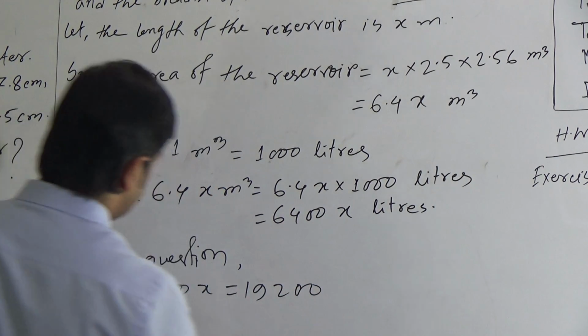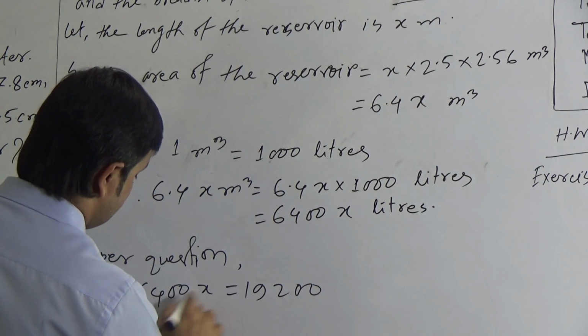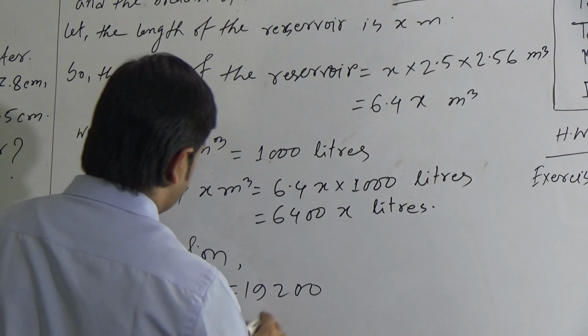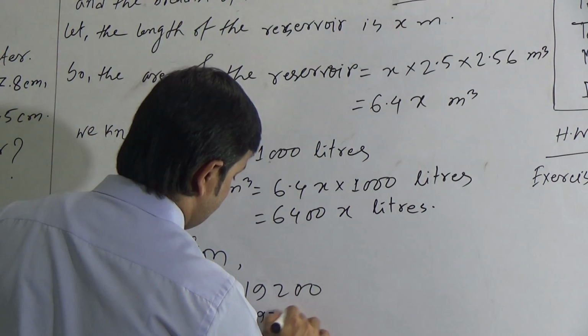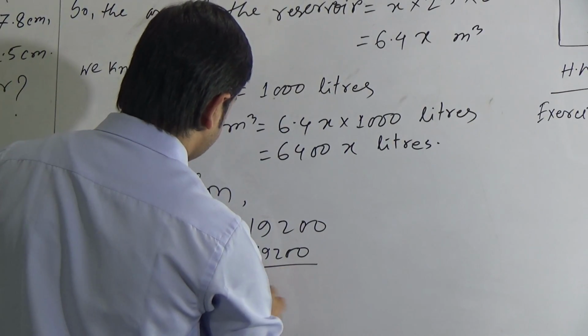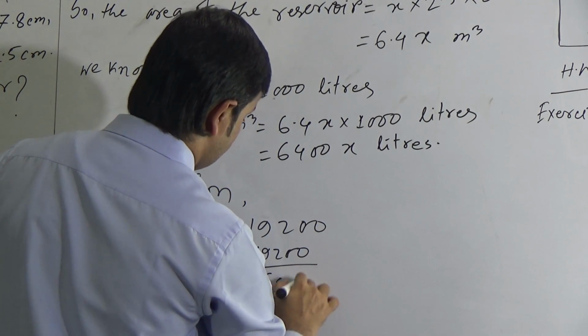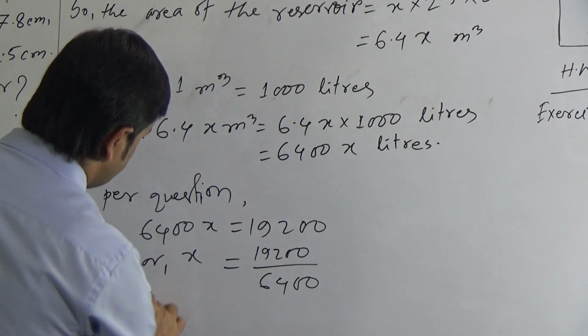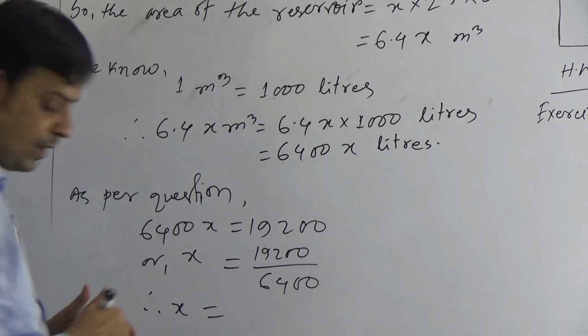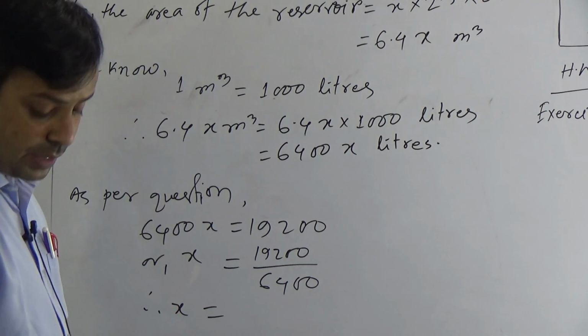Now if we divide both sides by 6400, we will get 19200 divided by 6400. Therefore x equals 19200 divided by 6400.